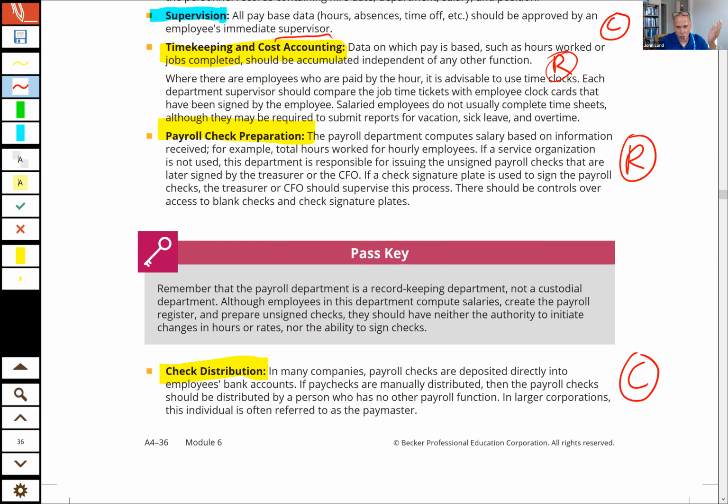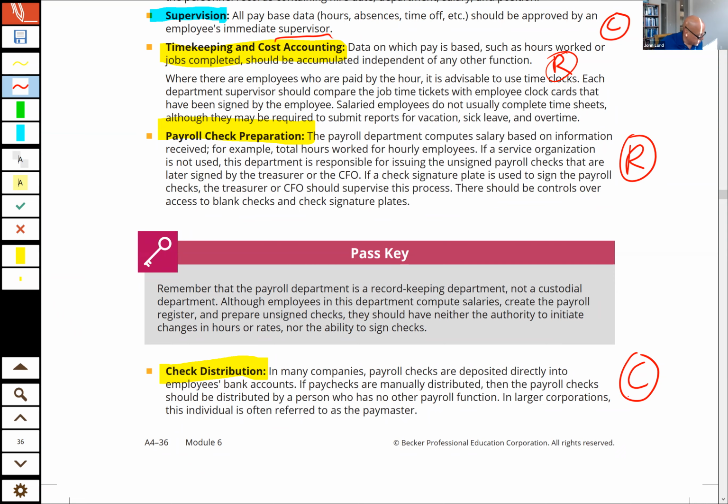Meanwhile, these days, everybody is on direct deposit, okay? We're going to look at some steps in a couple of minutes that will help you get comfortable that the direct deposit process is working correctly. But on occasion, the examiners like to ask you a question about payroll check distribution. That's a custody function, okay?